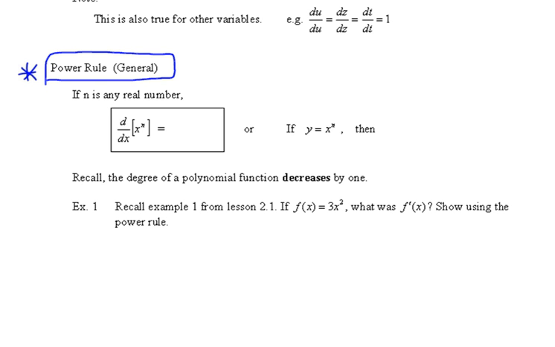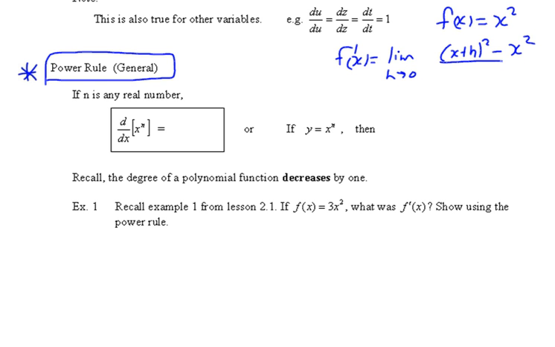Oh, this isn't going on here. Sorry. I keep forgetting. Okay, so if f of x equals x squared, then we have f prime of x equals the limit as h goes to 0 of (x plus h) squared minus x squared over h.